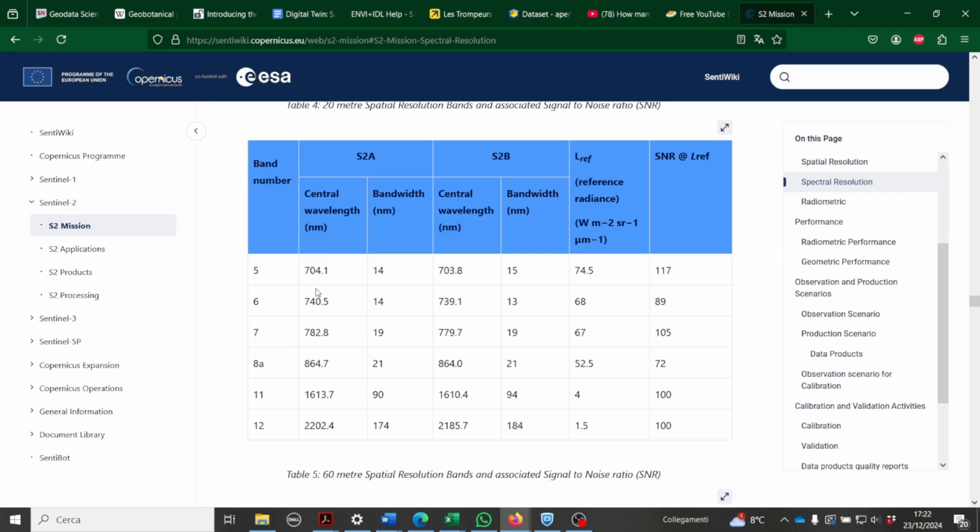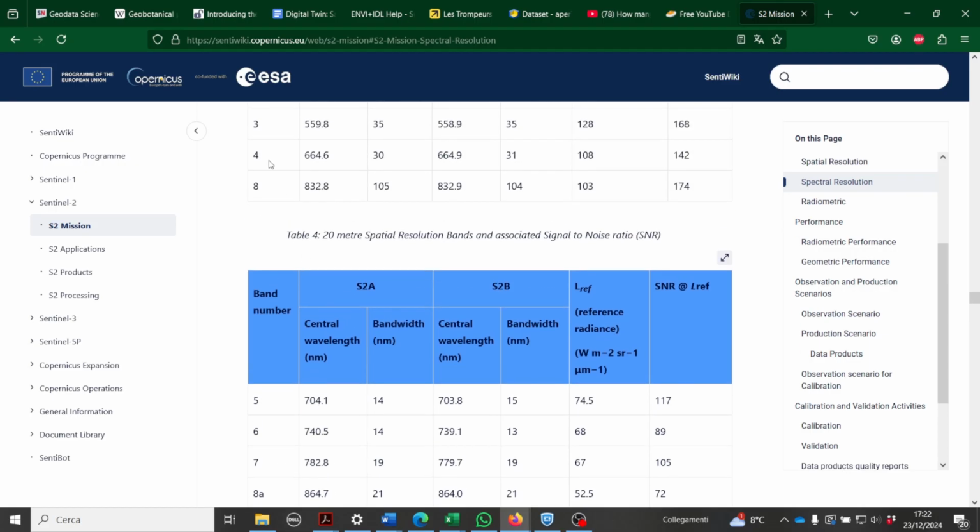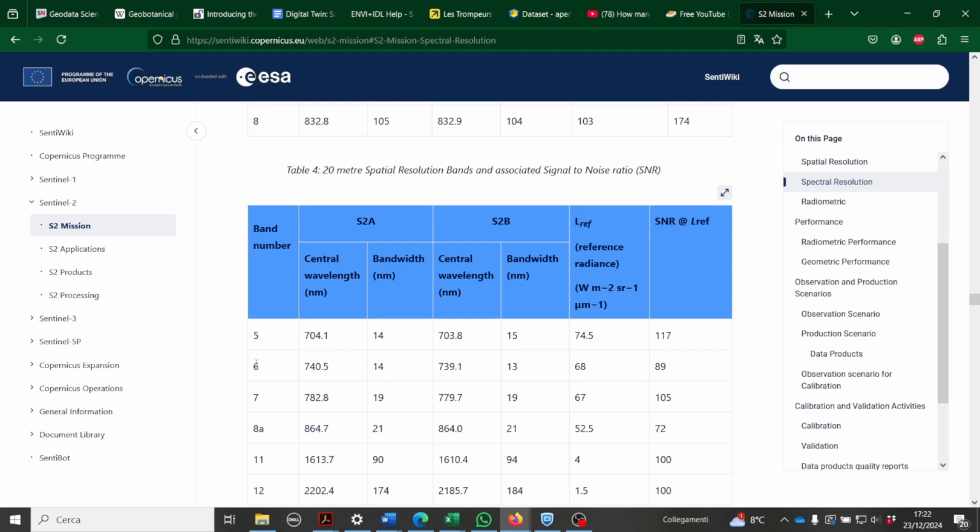Bands 5, 6, and 7 are the red edge, and this numbering is in line with the numbering of the 10 meters, because after the number 4, we have 5, 6, and 7. Then we have the 8 that is 10 meter, while the 8A, which is not really the same as the 8 at 10 meters, is again in the near infrared.